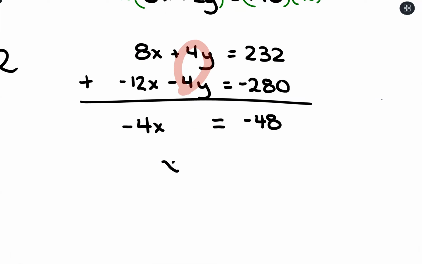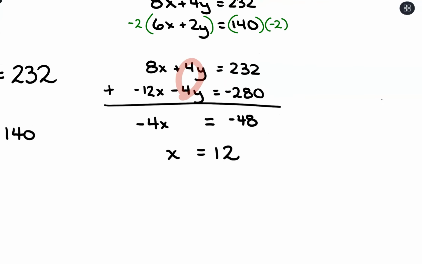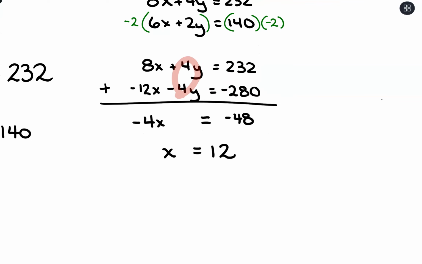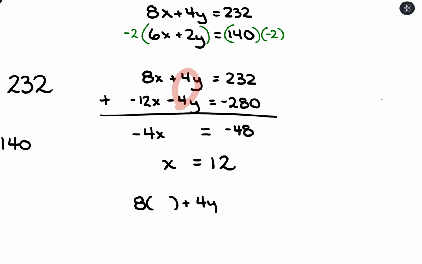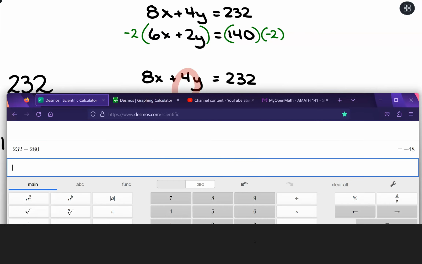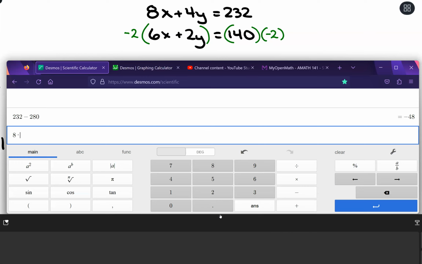Divide both sides by negative 4, so we're going to get a positive 12. So there's our value for x. And I just need to solve for y. So let's go 8 times x plus 4y is 232. We'll have 8 times 12, which is 96.